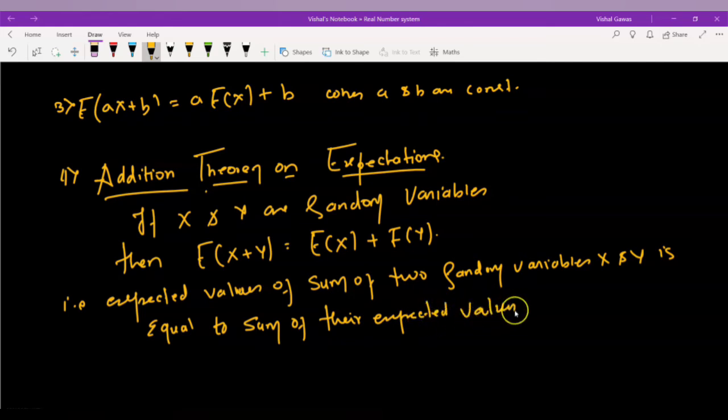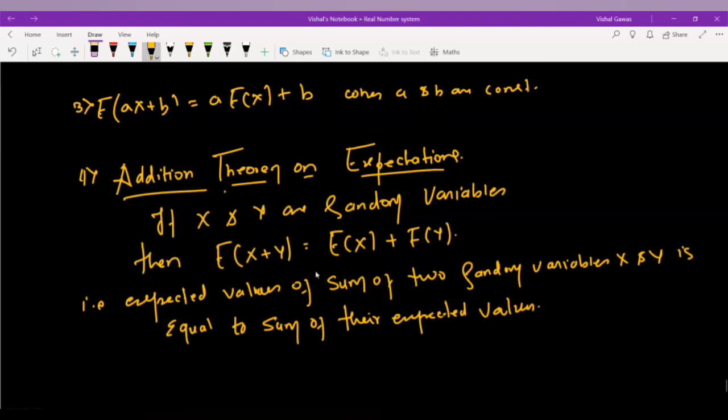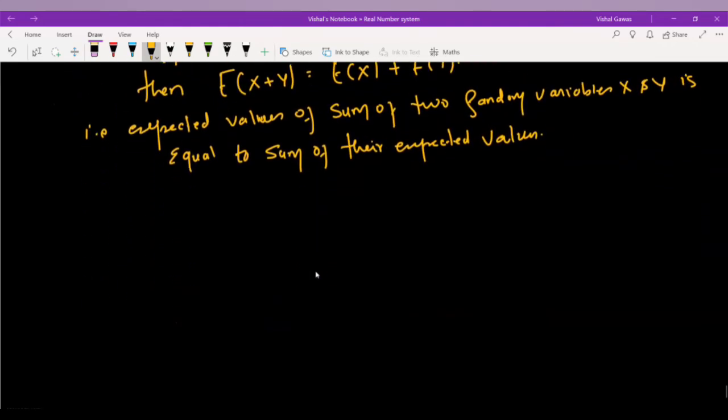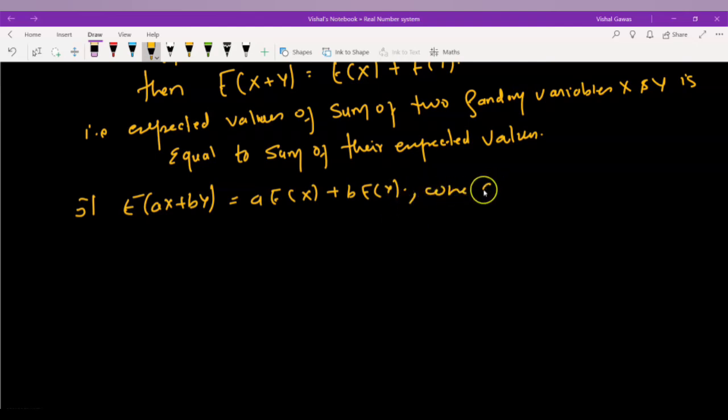That's what the theorem says. You don't have to prove this. And if I club it with the fact that a comes out, the fifth one is that the expectation of ax plus by is a times expectation of x plus b times expectation of y, where a and b are constants. You don't have to prove this.